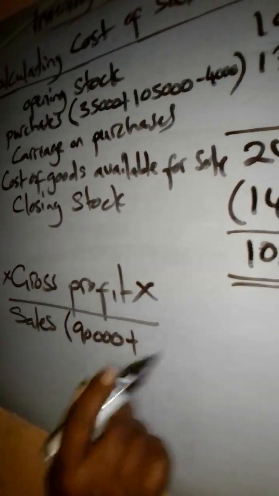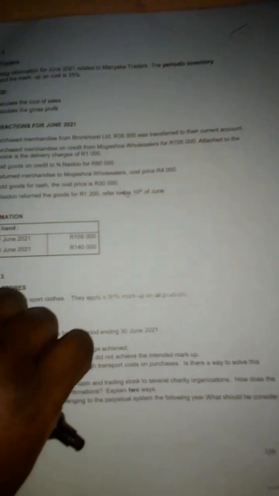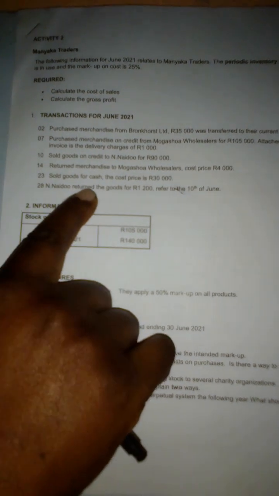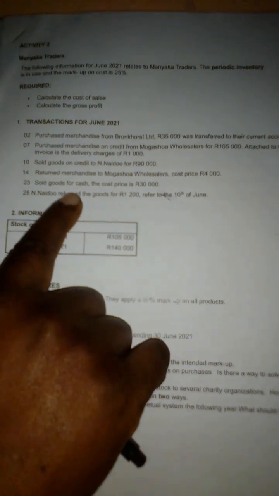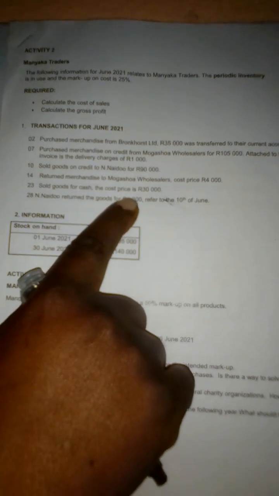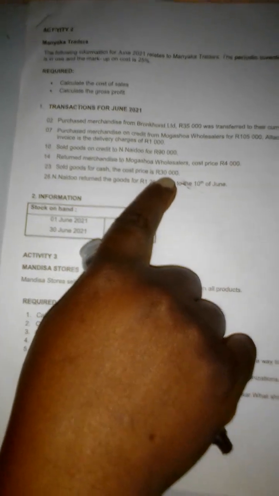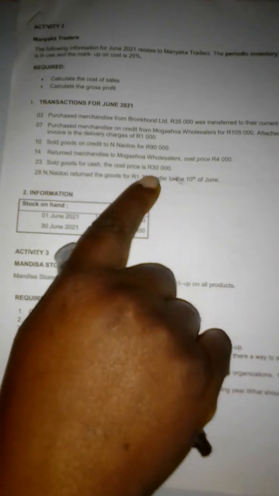Let's go back here, on the 23rd, they said sold goods for cash. They have not given us the selling price, they gave us the cost price. Therefore, we need to go back to the markup. The markup is 25%, so we are supposed to include 25% markup on this cost price so that we can have the selling price.